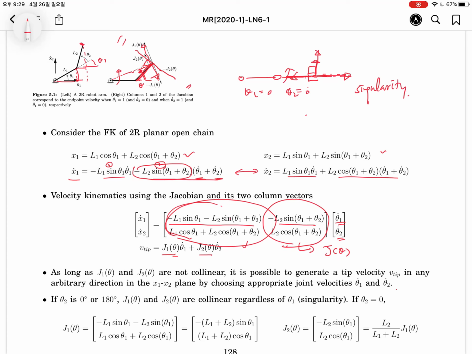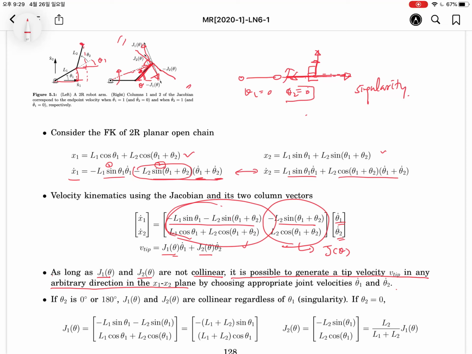As long as J1 and J2 are not collinear, not aligned with each other, it is possible to generate a tip velocity v tip in any arbitrary direction in the x1 and x2 plane by choosing appropriate joint velocities theta 1 dot and theta 2 dot.